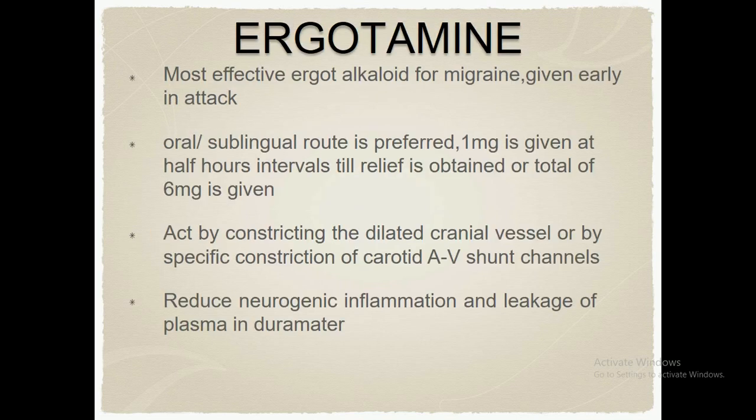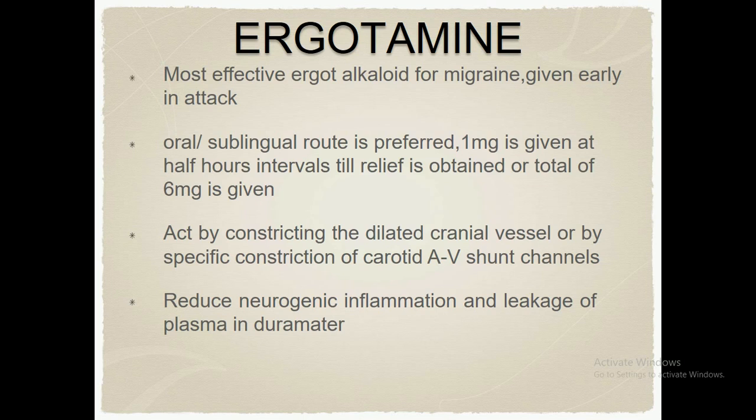Ergotamine is the most effective ergot alkaloid, the best choice for migraine, given only during the attack. Oral or sublingual route is preferred. 1 milligram is given at half-hour intervals until relief, or a total of 6 milligram is given.